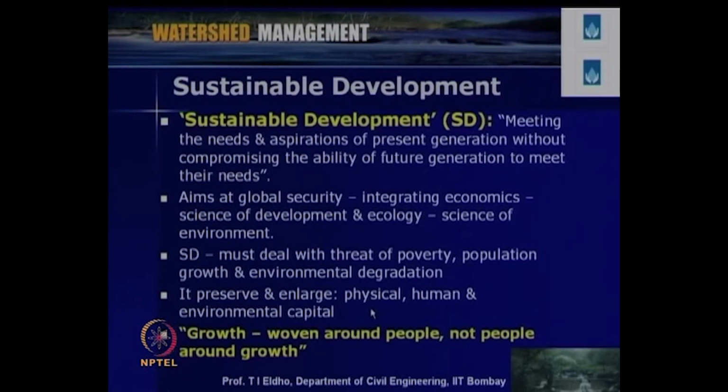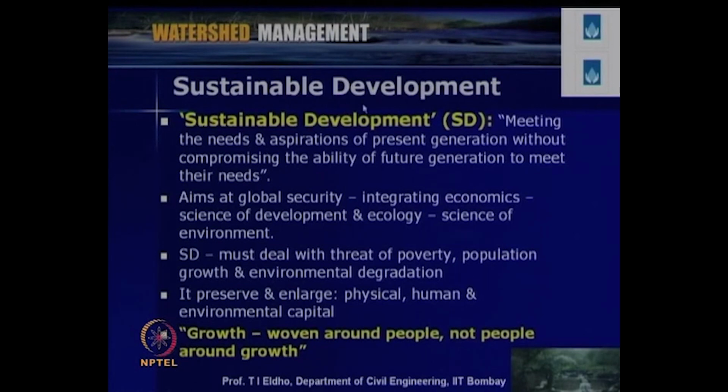If you consider the resources as capital, then we are going for development plans for the watershed in such a way that we preserve and enlarge the various aspects of the resources available within the watershed.